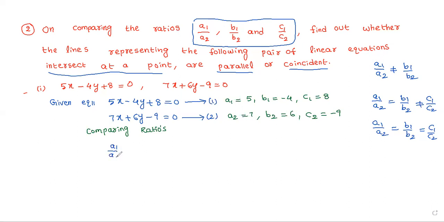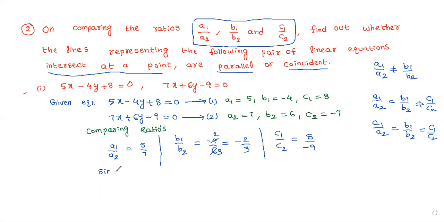A1 by A2, 5 by 7. B1 by B2, minus 4 by 6, which is minus 2 by 3. C1 by C2, 8 by minus 9.